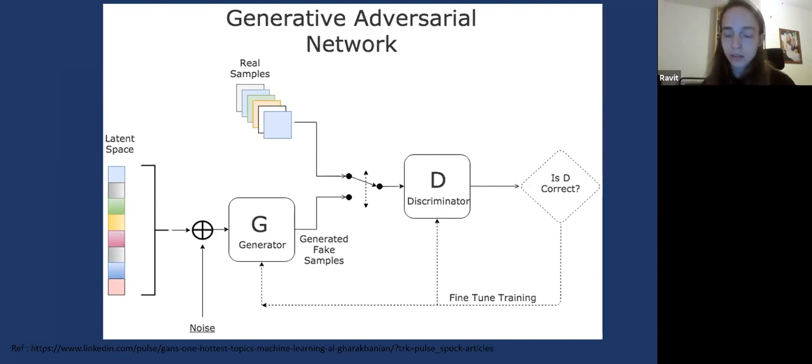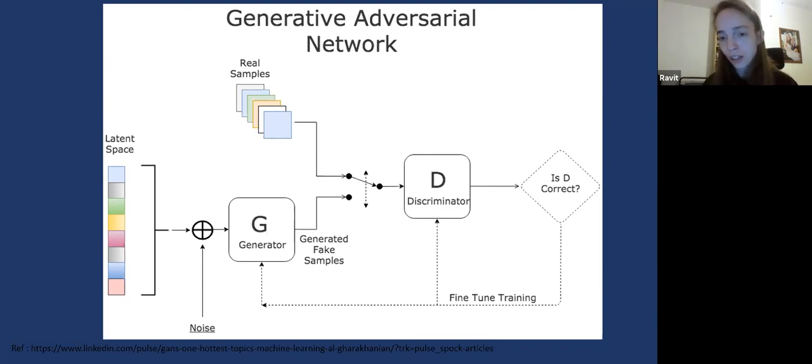And this is a zero-sum game. If the discriminator fails to discriminate real and fake data, then in the next round, the discriminator is penalized and the generator is rewarded. If the discriminator succeeds in discriminating correctly, then in the next round, the generator is penalized and the discriminator is rewarded.